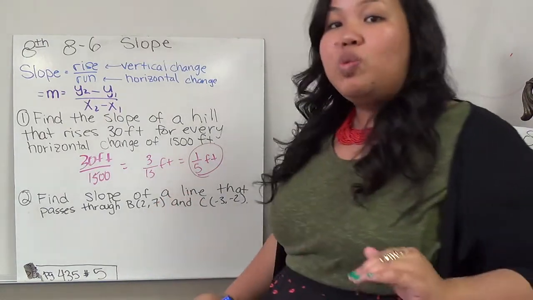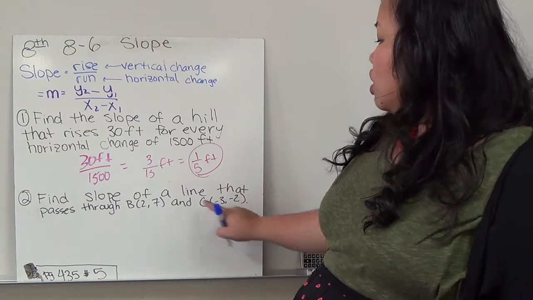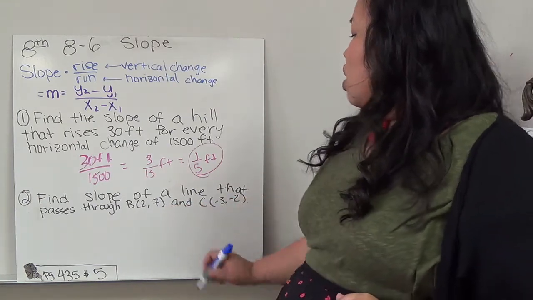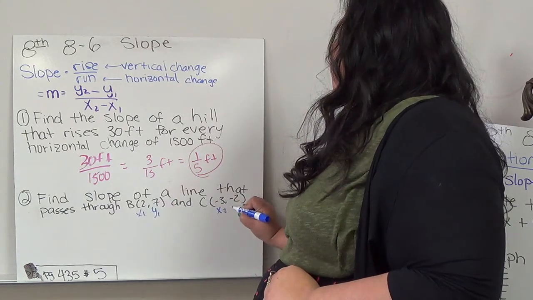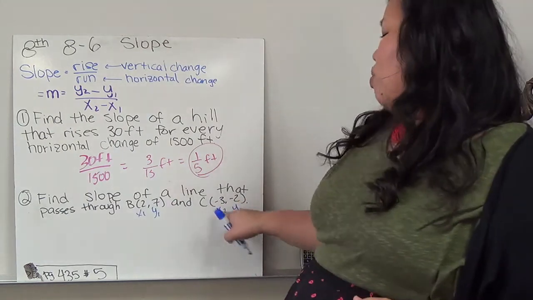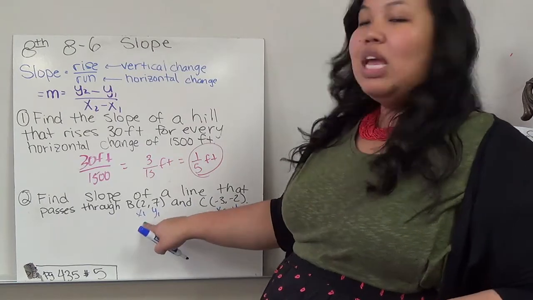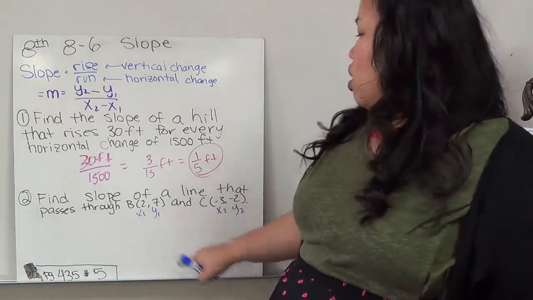It doesn't matter which way I label. I can label this first and then this, or this and this. So I can do x1, y1, then x2, y2. It doesn't matter which is x1, y1, I just can't mix and match. Like this can't be x1, y2, and so on.